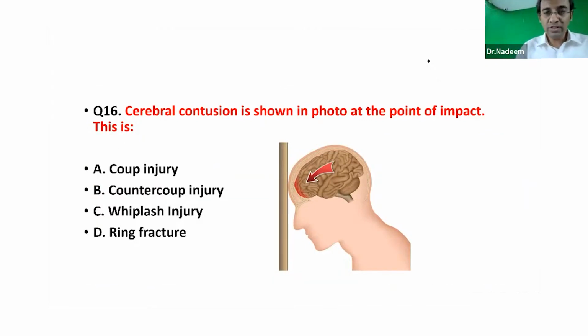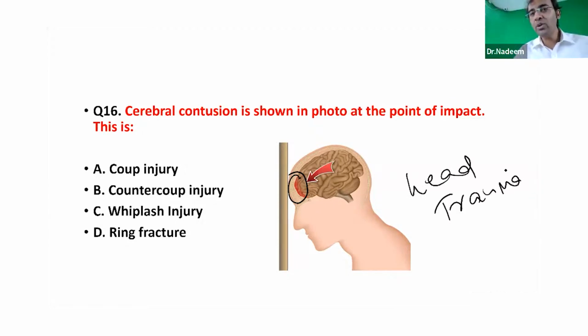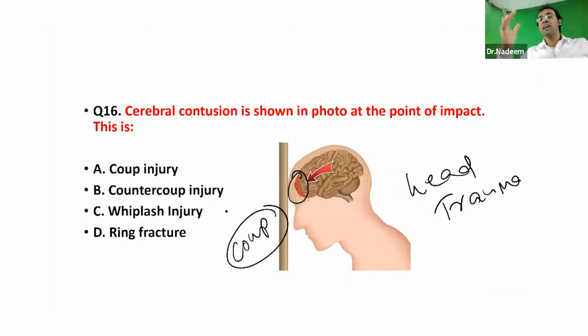Cerebral contusion, you can see here in this photo. Whenever there is head injury, at the point of impact, cerebral contusion over the point of impact is called coup injury. Because of this, there can be internal movement of the cerebral cortex also.